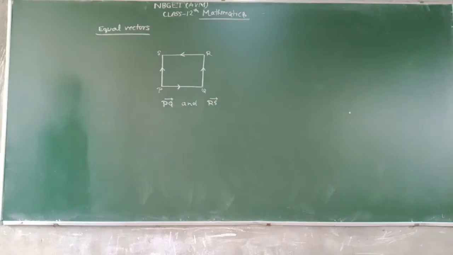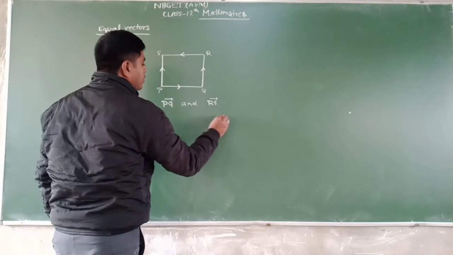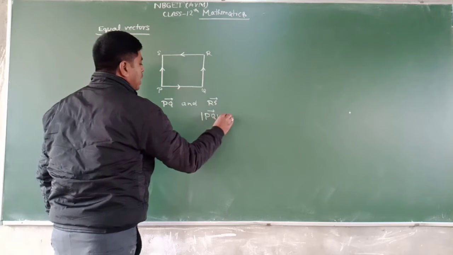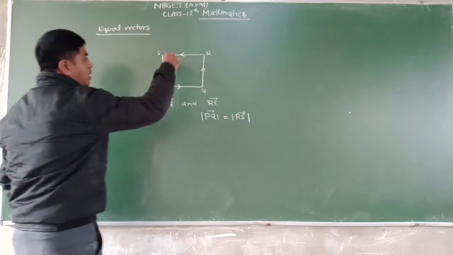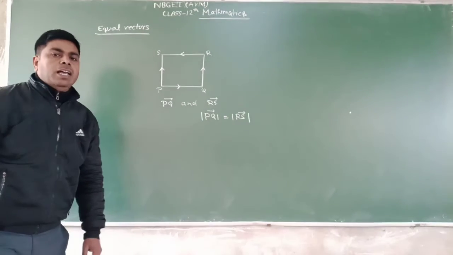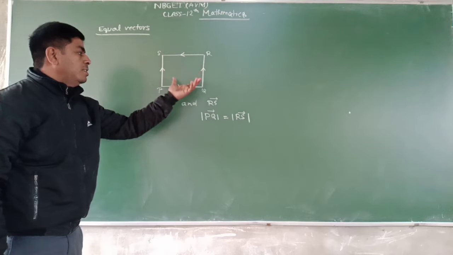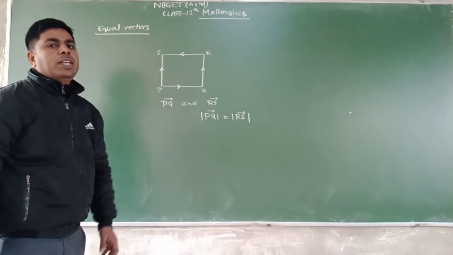PQ vector and RS vector have the same magnitude. Mod of PQ and mod of RS is the same, as the opposite sides of the rectangle are the same. So the length of PQ and RS is the same, but they are not equal vectors.